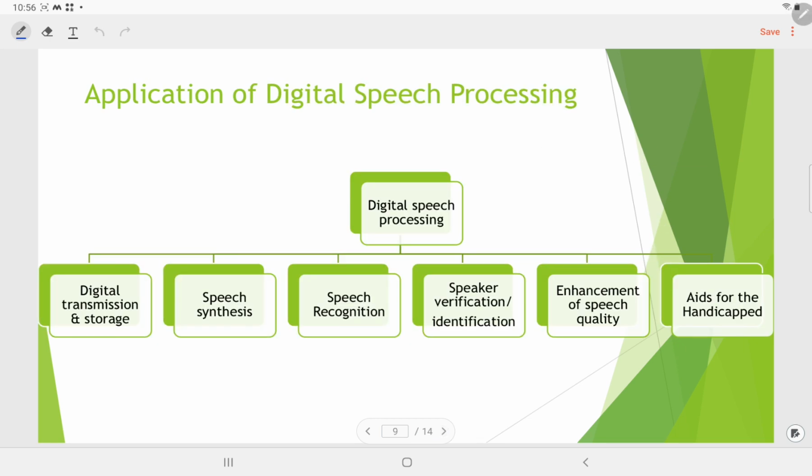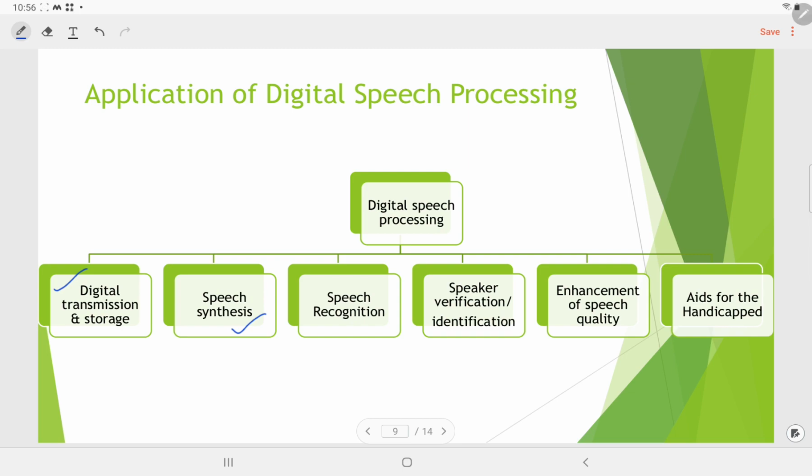Now, coming to the different applications of digital speech processing. Here I have noted down a few applications. You will find applications of speech processing in digital transmission and storage. Apart from that, you will find applications in speech synthesis.